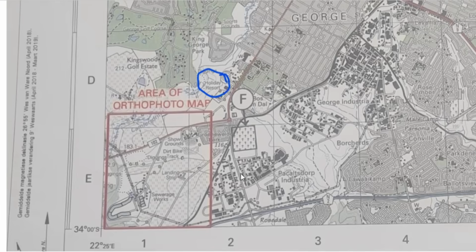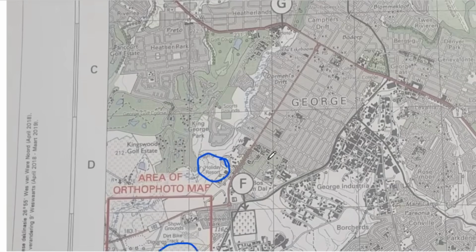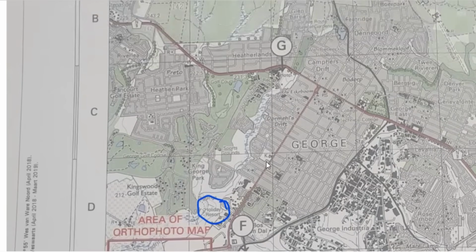If we check here, there's also a landing strip, which might be used by the tourists as they are touring the area, as they are visiting the area. It can be evidence of tourism in that particular area. Then we can also check tourists can come for a golf. So we have a number of golf courses and sports grounds which can be effectively utilized by the tourists in the area.